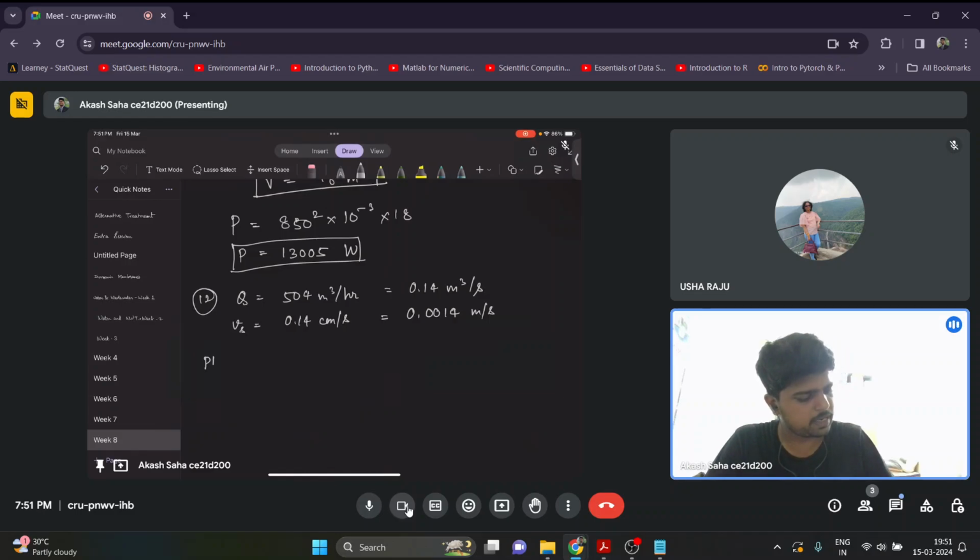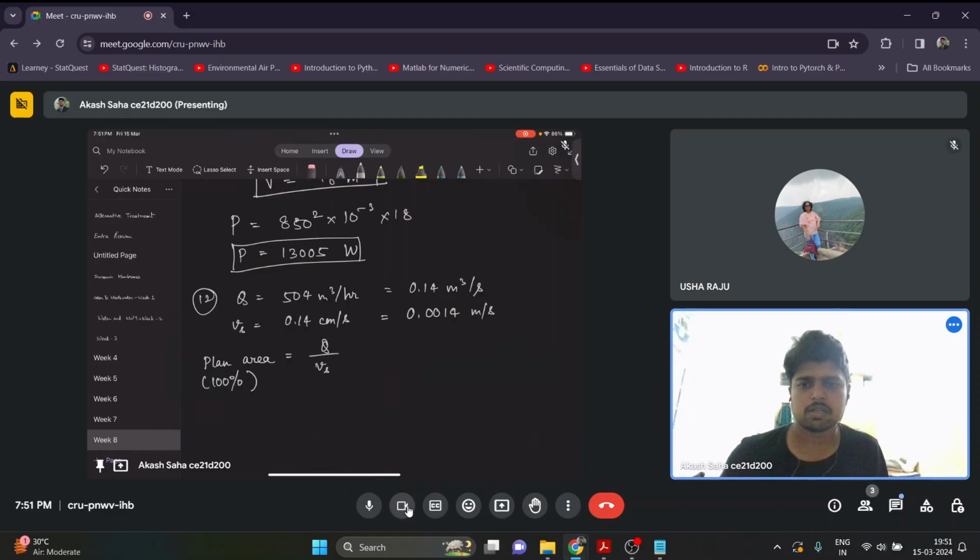So my plan area for 100% removal will be Q by Vs. It will be equal to 0.14 by 0.0014. So it will be 100 meter square. So 100 meter square is for 100%.